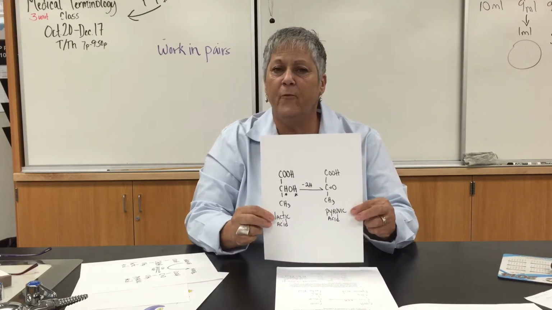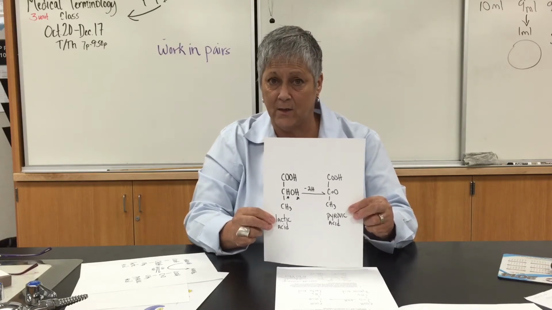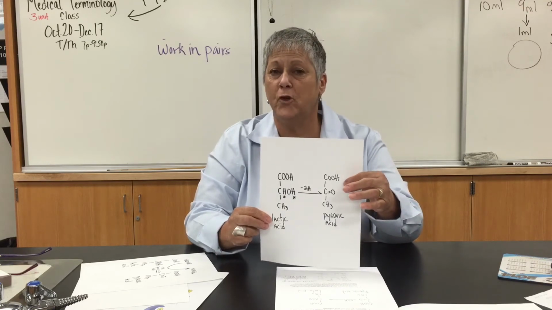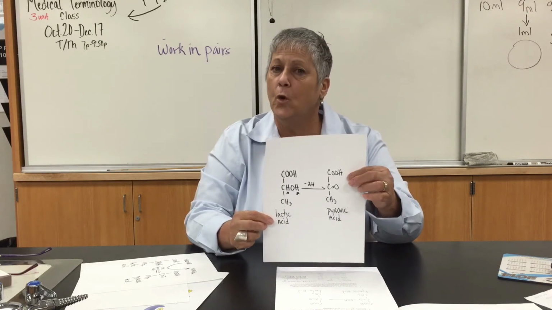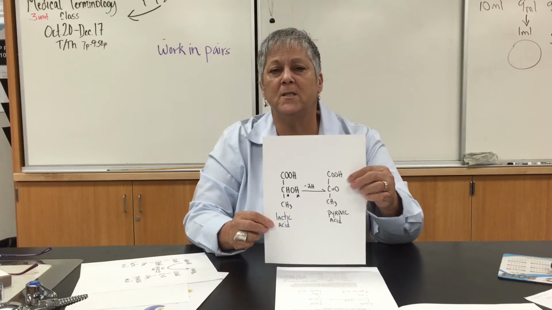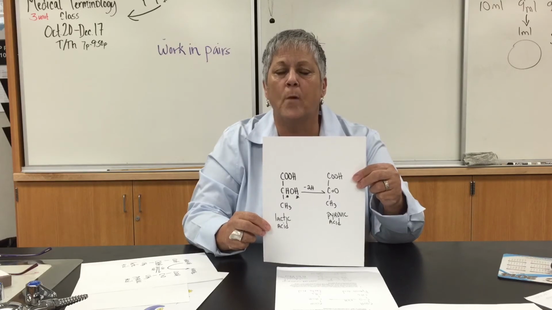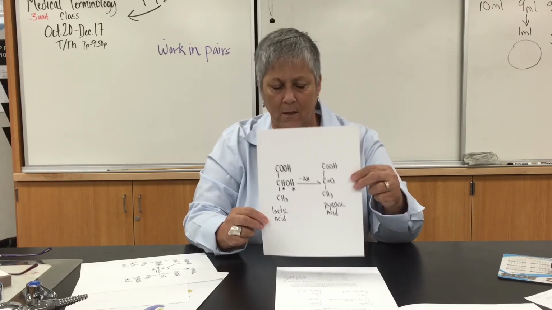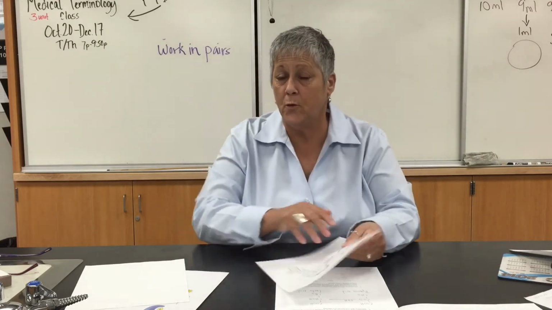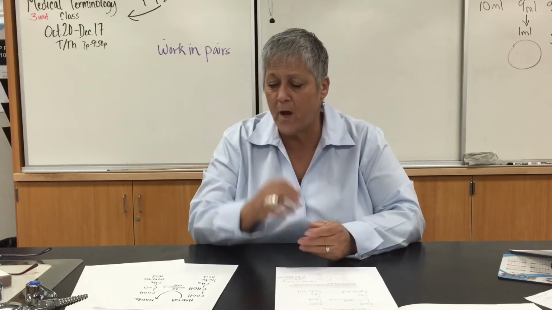If we move from pyruvic acid to lactic acid, what we would do to accomplish that is add 2 hydrogen ions to pyruvic acid. When we do that, we are creating a molecule of lactic acid, and we have reduced pyruvic acid to form a molecule of lactic acid. All right, now let's take a look at what's happening to those hydrogen ions in these oxidation and reduction reactions.